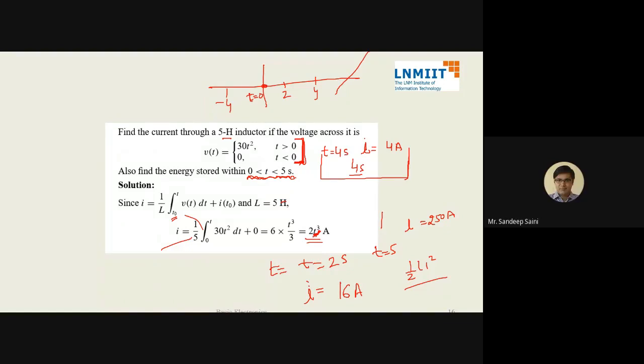Okay, sir. This I gives the value at a particular time, at t equal to 2 or 5. I is changing at every time. So that is why we are also not asking how much energy is there from 0 to infinity.